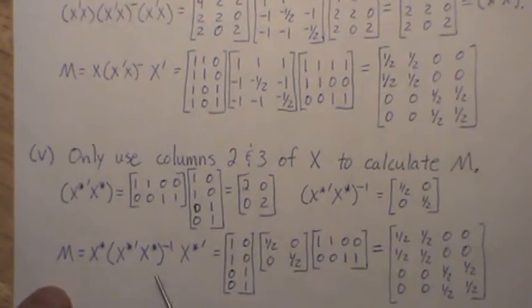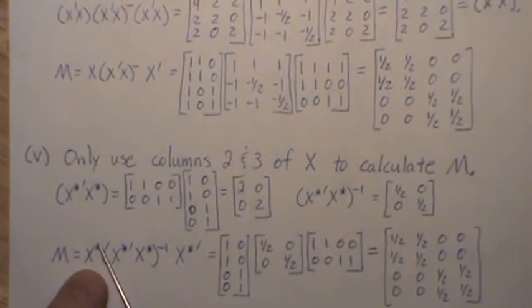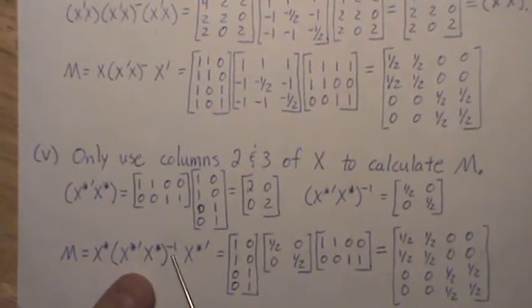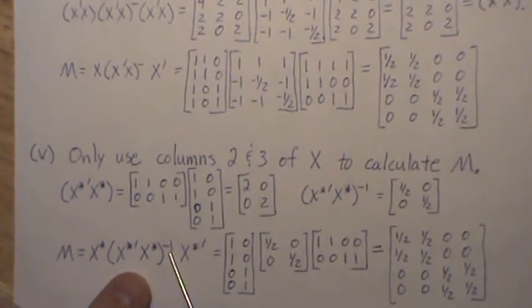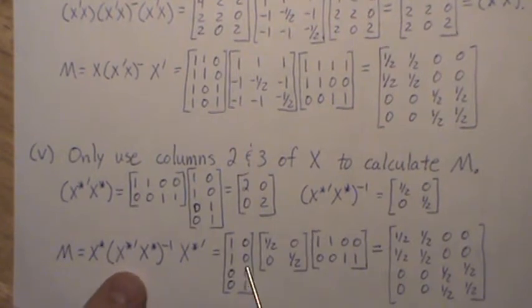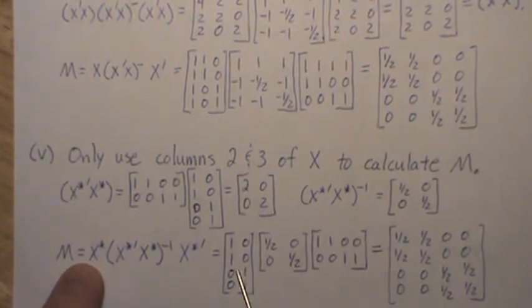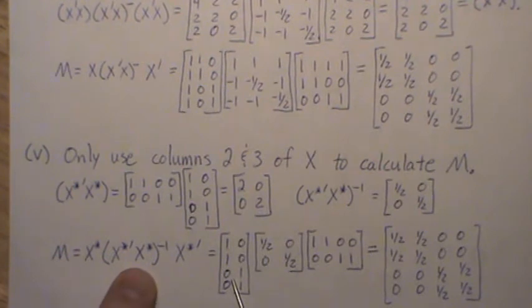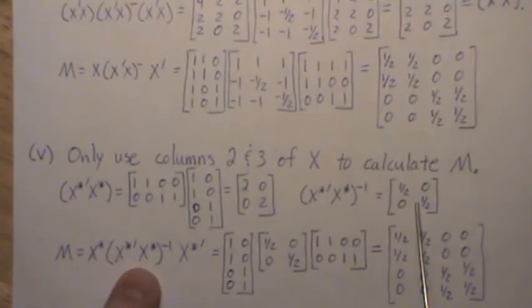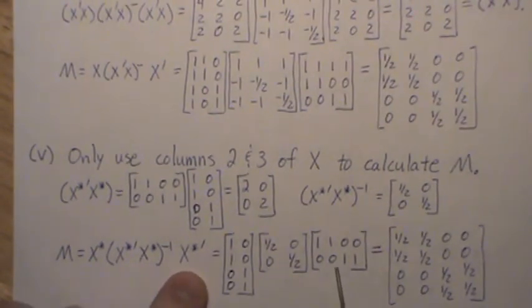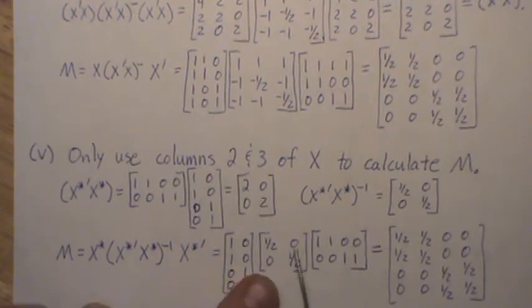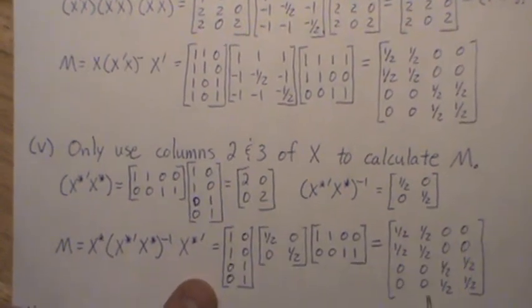Now let's calculate M. So, X star transpose X star inverse, X star transpose, and then we just plug it in. So this is the first two columns and the inverse that we calculated, and that's X star transpose, which is this. We do this matrix multiplication and we get this.